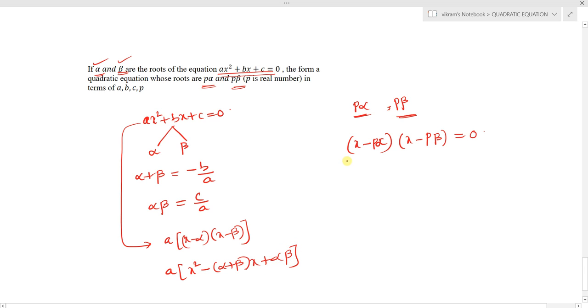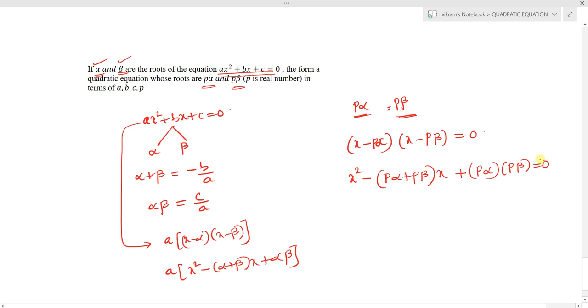The quadratic equation can be written as x square minus sum of the roots, p alpha plus p beta, into x, plus product of the roots, p alpha into p beta, equals to 0.